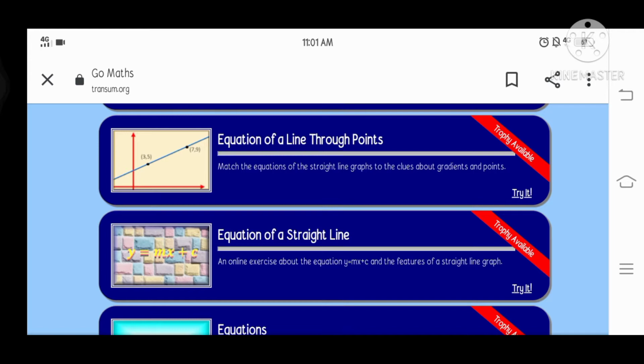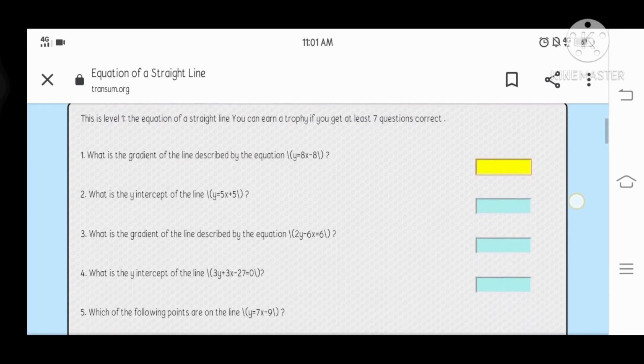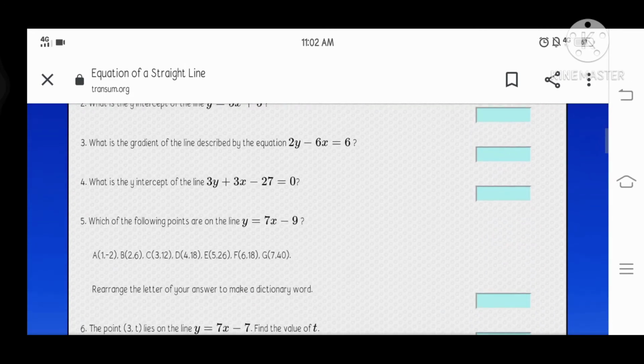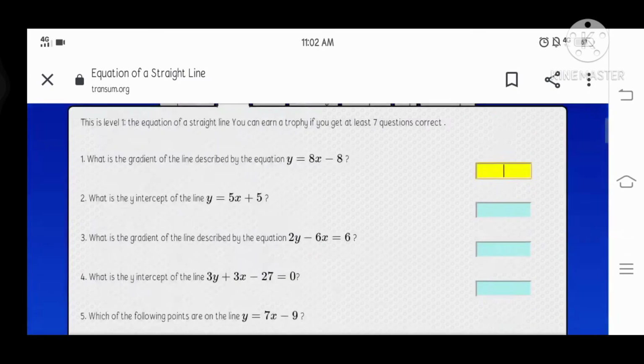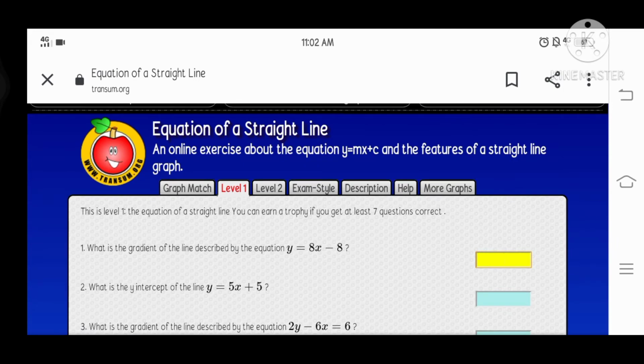Click it to enter the activities. You will see a question like this, but this is not the question that I asked you to do today. So click on graph match here at your left. Click graph match.